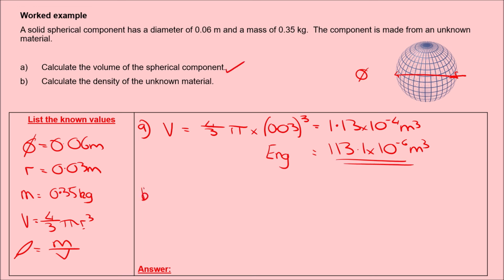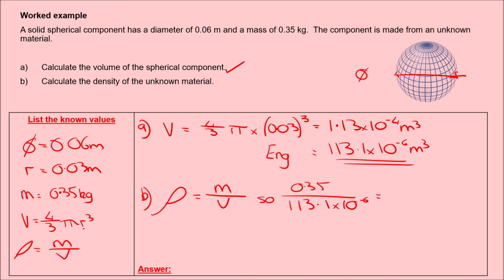Next bit, density. Again, rho equals mass divided by volume. So I'm going to take my mass, 0.35, divide that by my volume, 113.1 times 10 to the minus 6.